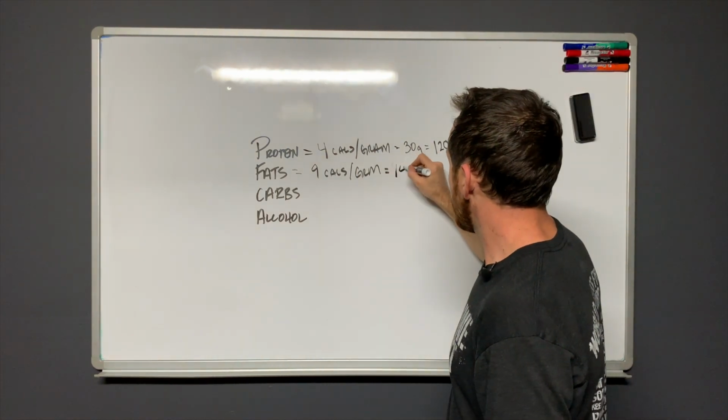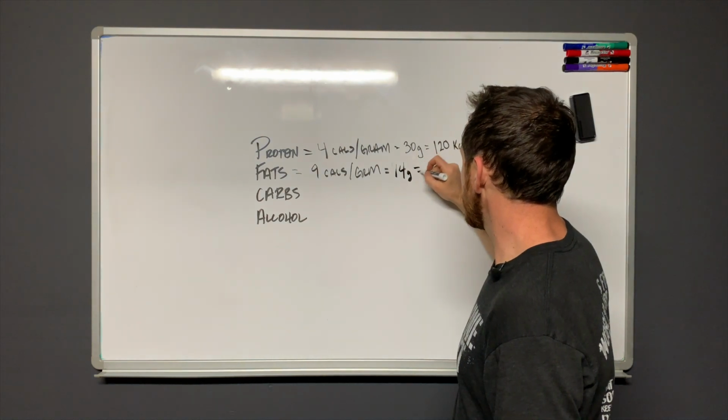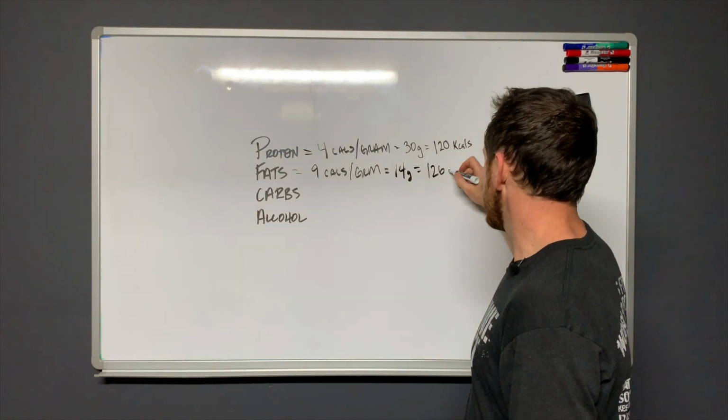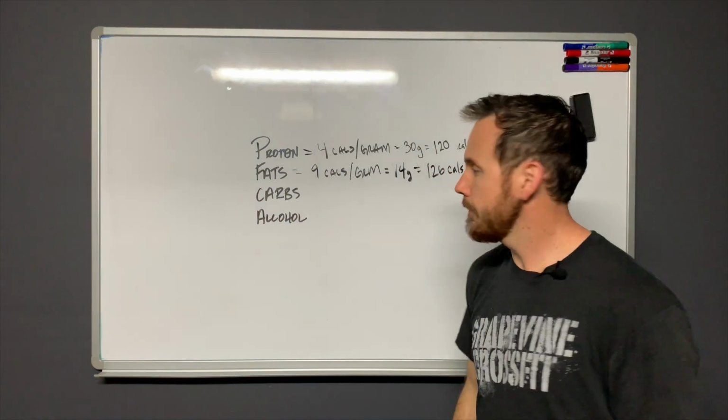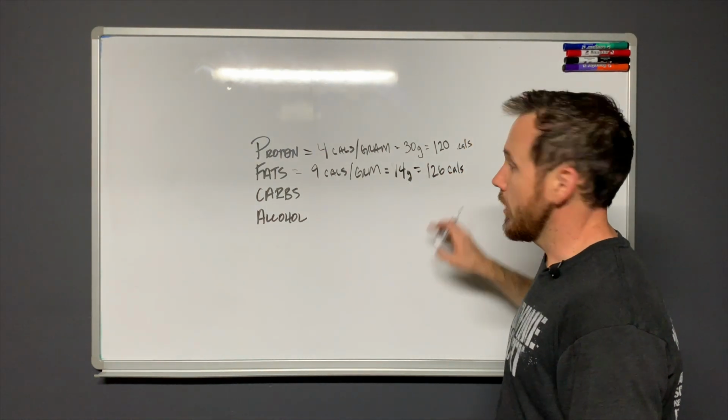If you have 14 grams, that equals 126 calories. 14 grams equals 126 calories.